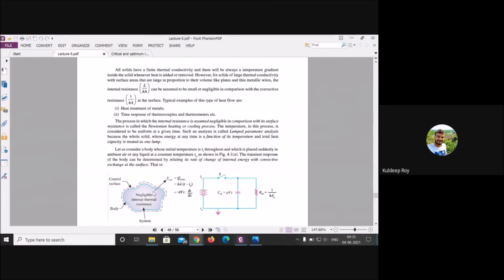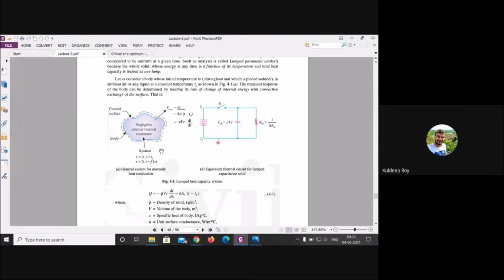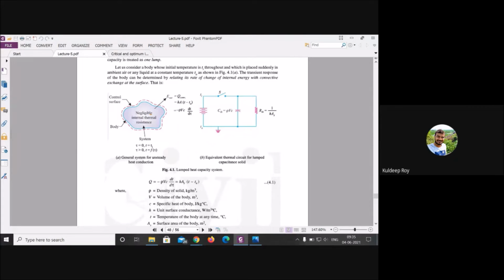If you are talking about the derivation, how will you approach it? The material has some kind of inside property. Then how will you correlate?